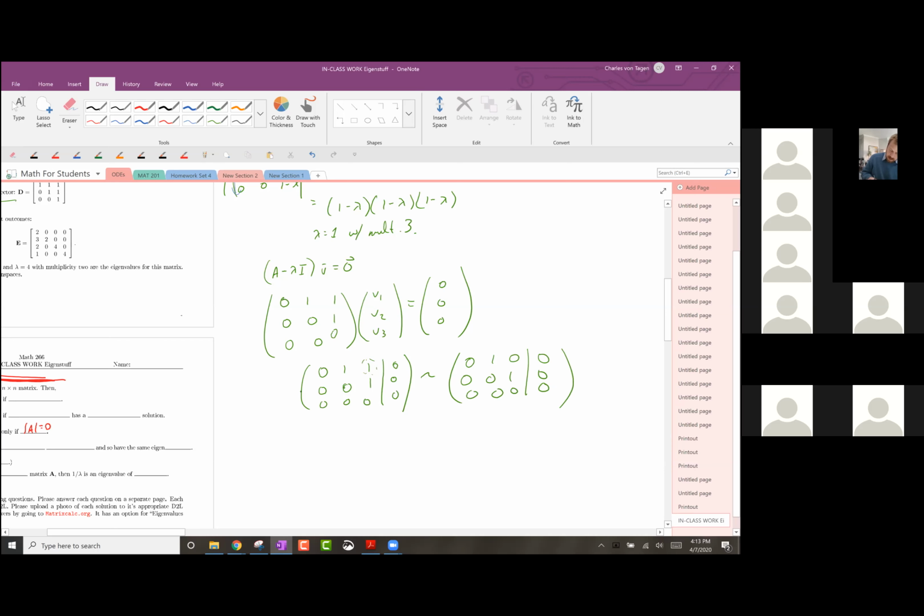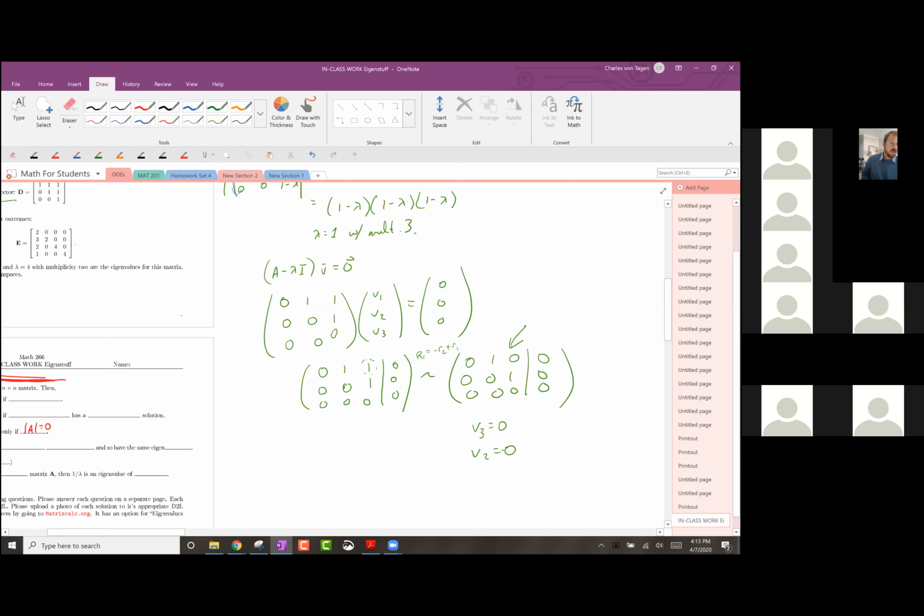So what did I do? I said take our new row 1 to be negative row 2 added to row 1, and that got a 0 in that position right there. So as we read this now, this says V3 has to equal 0 and V2 has to equal 0.